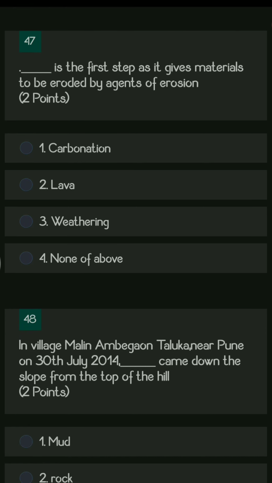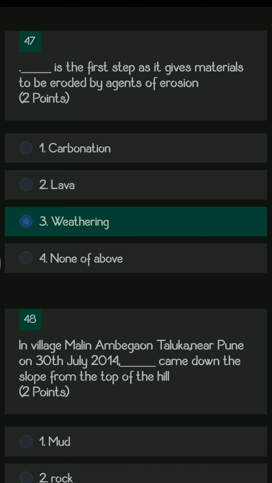Next question, dash is the first step as it gives materials to be eroded by agents of erosion. So examples are carbonation, lava, weathering, none of the above. So weathering is the first step. After weathering, the particles are carried away by the agents.